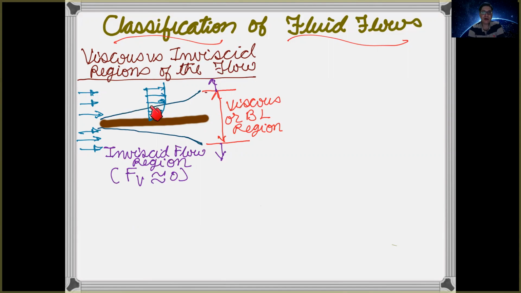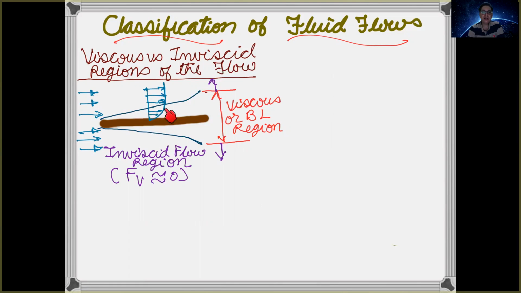But near to the wall, due to a thermophysical property, dynamic viscosity, which is due to the stickiness between the different layers of the fluid, a velocity gradient sets up. Due to this velocity gradient, in this flow region, if you take the product of the velocity gradient with the dynamic viscosity, then you get what we call viscous stresses.